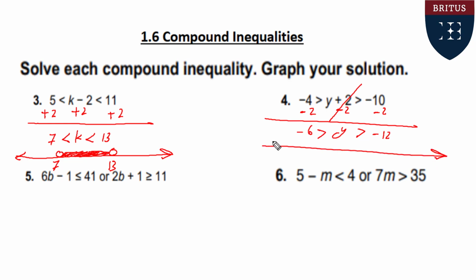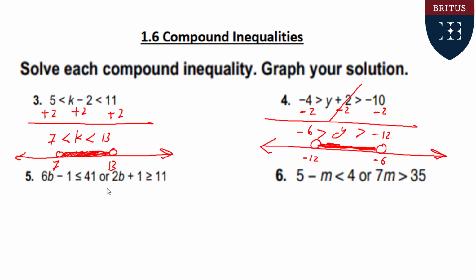Draw a line, put the smaller one, negative 12, at the left, negative 6 at the right, unshaded circles, and shade between them. Now the solution is all real numbers between negative 12 and negative 6, or that are greater than negative 12 and less than negative 6.